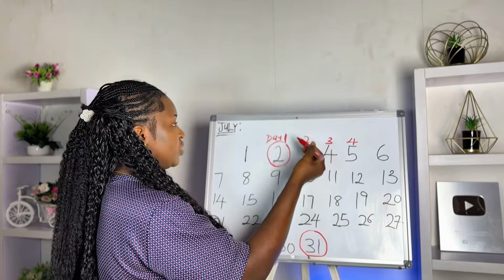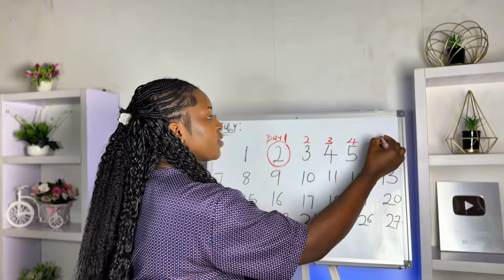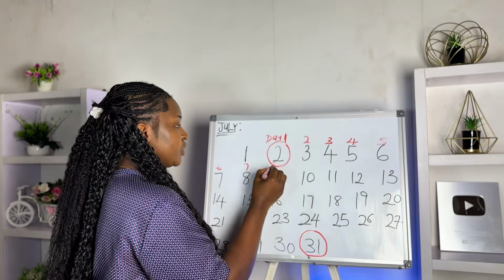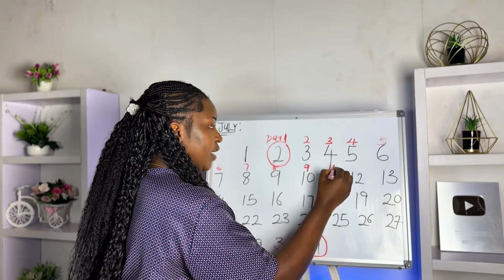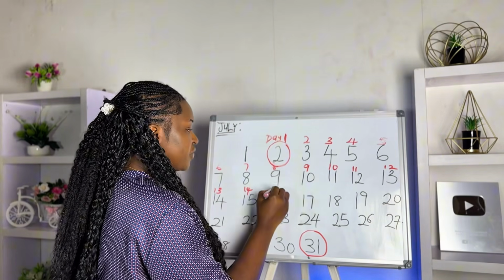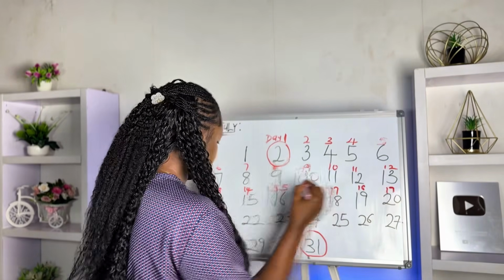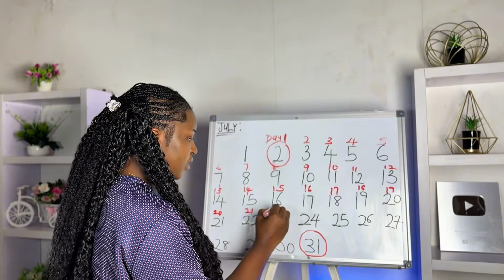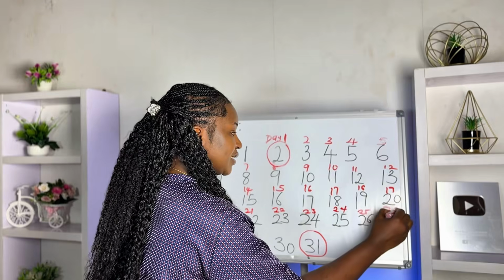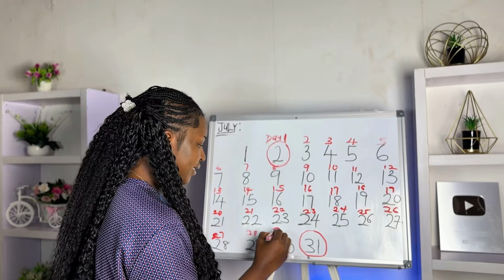Now, let's count. So this is day 1, the first day your period started, day 2, day 3, day 4, day 5, 6, 7, 8, 9, 10, 11, 12, 13, 14, 15, 16, 17, 18, 19, day 20, day 21, day 22, day 23, day 24, day 25, day 26, day 27, day 28, day 29.